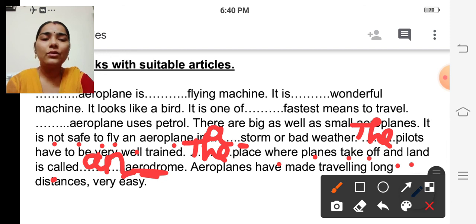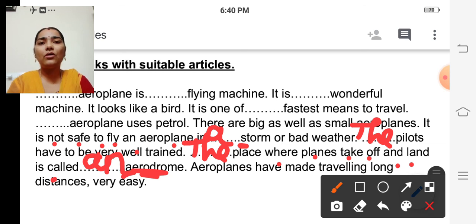Aeroplanes have made traveling long distances very easy. Is it clear, children? Yes. So there are three articles: a, an and the. We place the article an before a word that starts with a vowel or vowel sound. We place the article a before words that start with other than vowels.